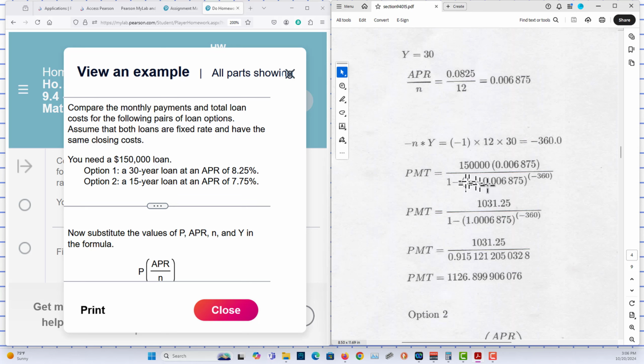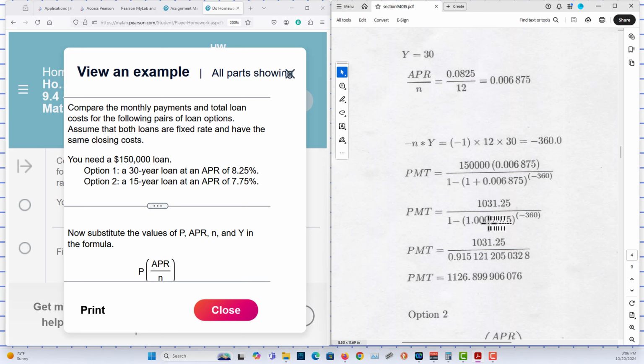In this case, you have to do it in pieces. You want to simplify your numerator by multiplying here, and then in the denominator, you do this.